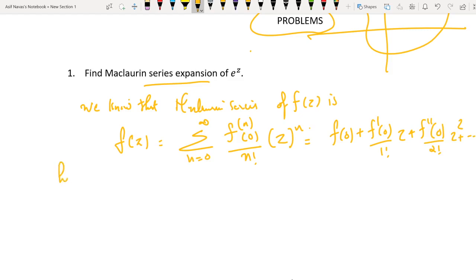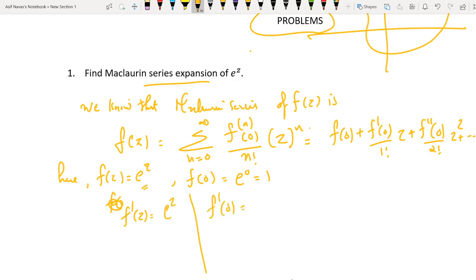So here, given f of z is equal to e raised to z, what is f of 0? The corresponding f of 0 is equal to e raised to 0, which is 1. What is f dash of z? f dash of z is the derivative of e raised to z, again e raised to z, and f dash of 0 is again e raised to 0, 1.